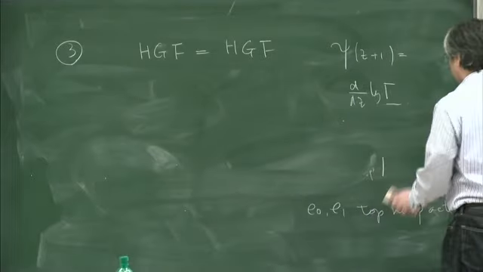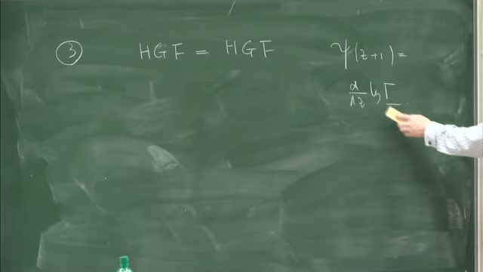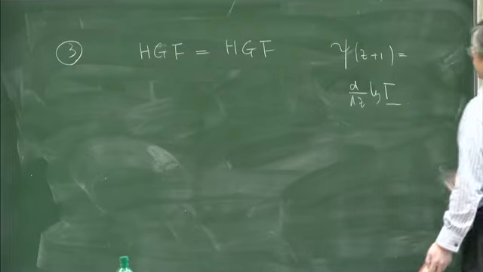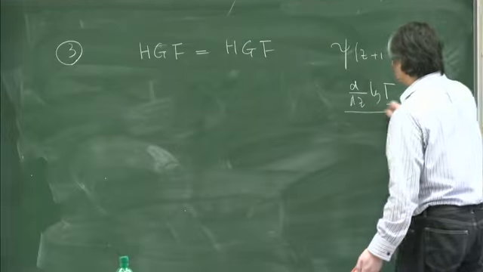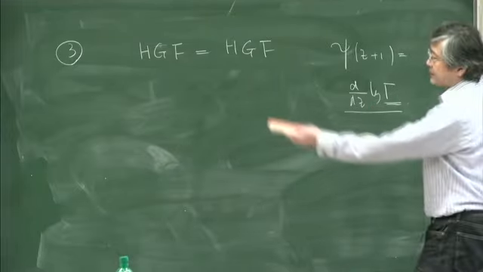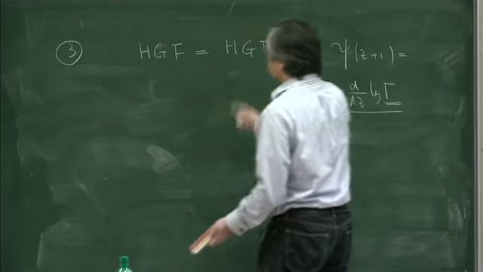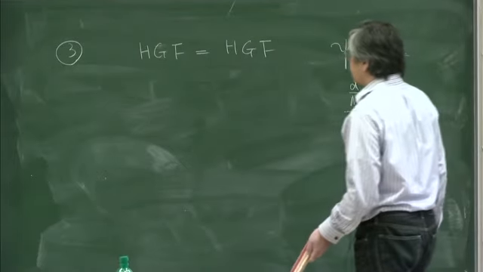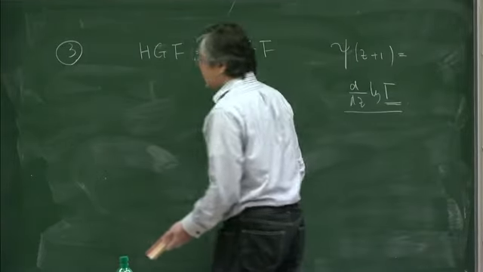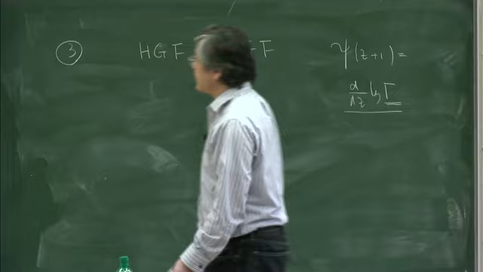So gamma is a part of a hypergeometric function. This is not a hypergeometric function, but a part of a hypergeometric function. Therefore, this is expressed by using a period, this phi period. Therefore, the left-hand side and right-hand side are hypergeometric functions. And the last part is that these two hypergeometric functions actually coincide. That is the last part.